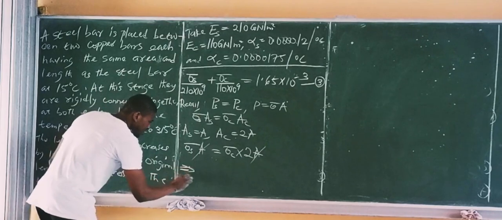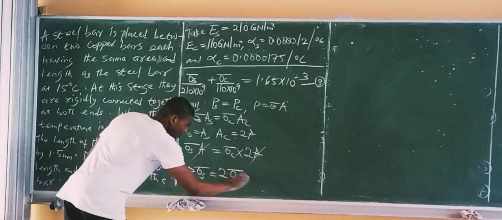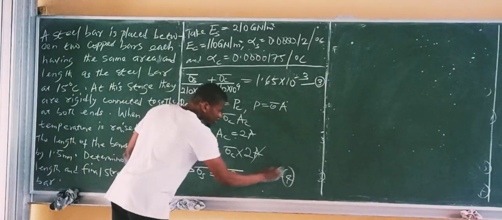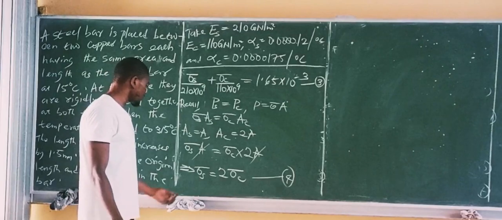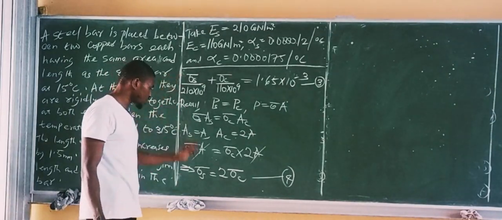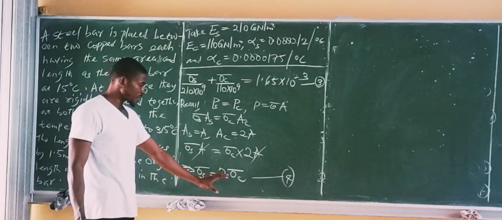So it implies that the stress of steel is simply 2 times the stress of copper. So you can simply call this equation 4. Alright, so in place of stress of steel in equation 3, we can simply replace with 2 times stress of copper. So the equation becomes very easy and simplified.